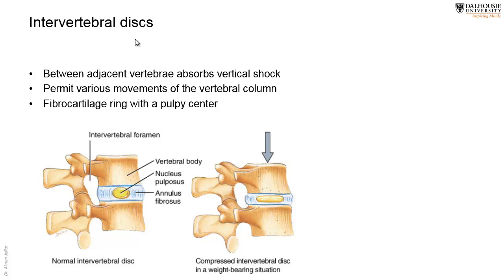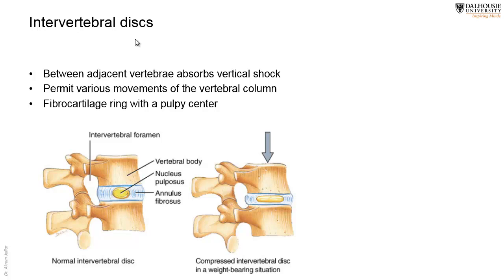You can just imagine that all these intervertebral discs are all the time compressed. They act as shock absorbers. The intervertebral discs in the lumbar region are subject to the highest amount of stress. Sometimes this gelatinous material in the center, in the pulp, might herniate outside, especially if the peripheral part is weak.